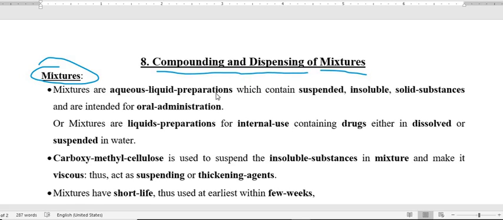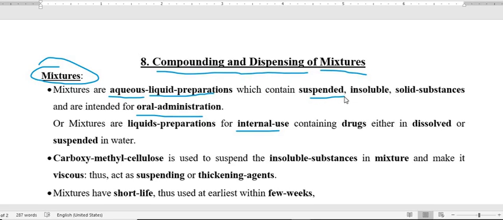Okay, so important thing, this is a pharmacy preparation, and second thing is the liquid preparation, and that is aqueous. And for internal use, I mean for oral use, in which the medicaments, the compound, the drug are either in dissolved form or suspended form is called mixture.